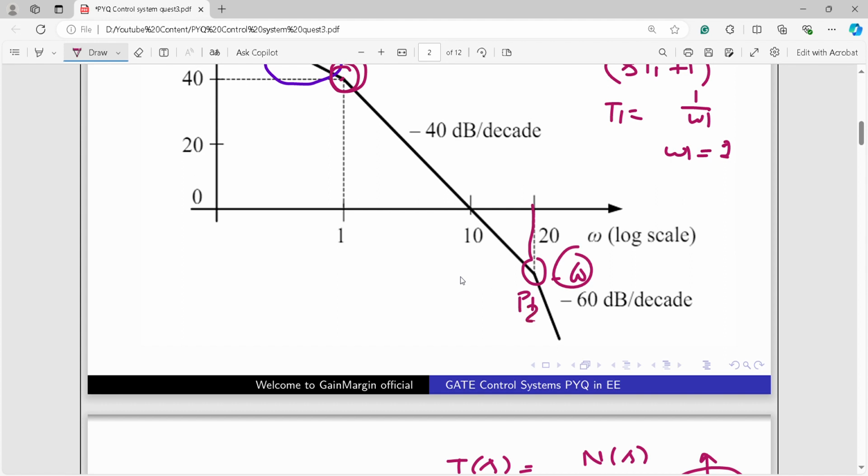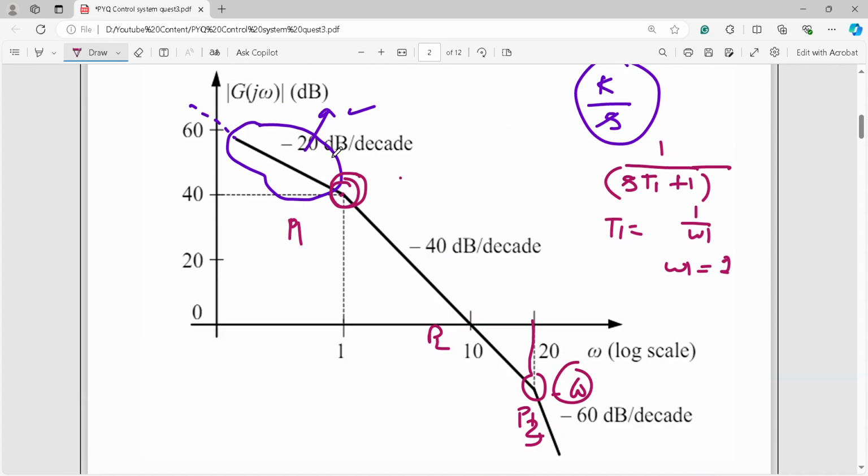So pole 3, pole 2, pole 1, one pole at the origin. In a Bode plot, the initial slope can be plus 20 dB per decade or minus 20 dB per decade, and multiples also like 40, minus 40. So repeated poles and zeros can also exist at the origin.